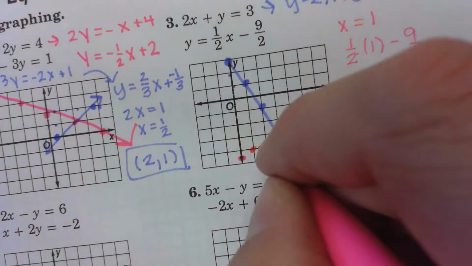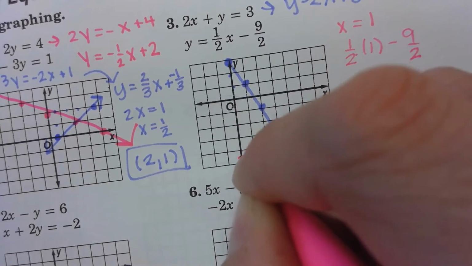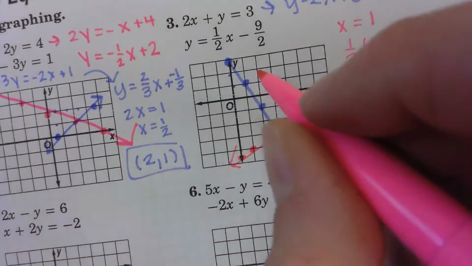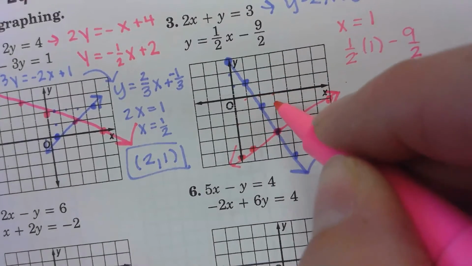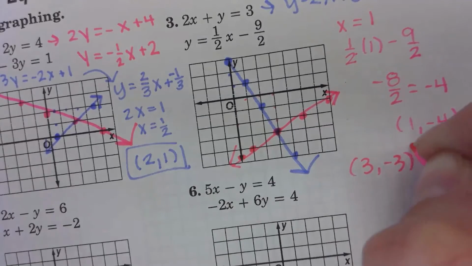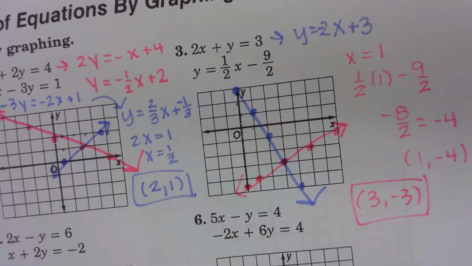And then apply my up 1 over 2. And I see that my point of intersection is 3, negative 3.